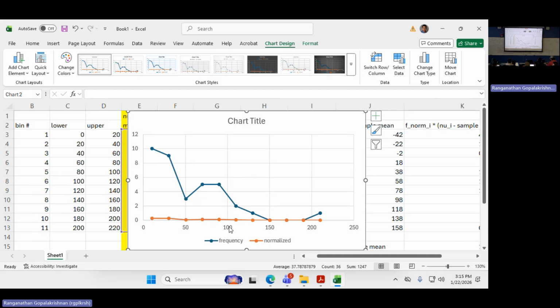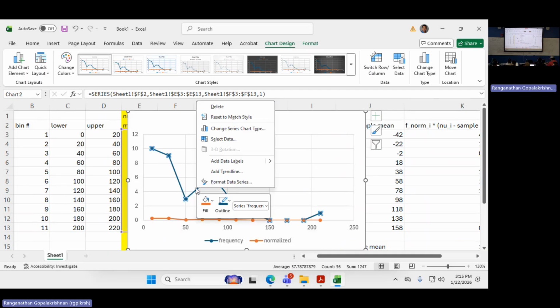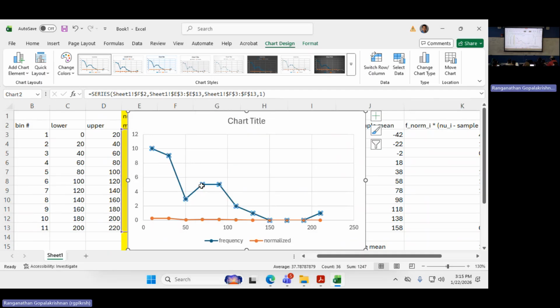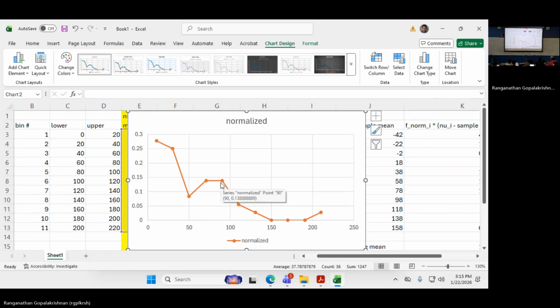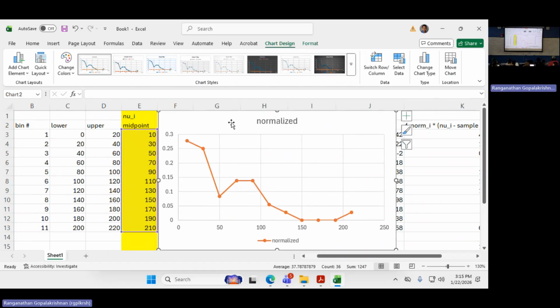Okay, so the histogram looks something like this. A lot of the values appear in the lowest bin. It then has a secondary peak and then it goes to 0 except for one value at the end.